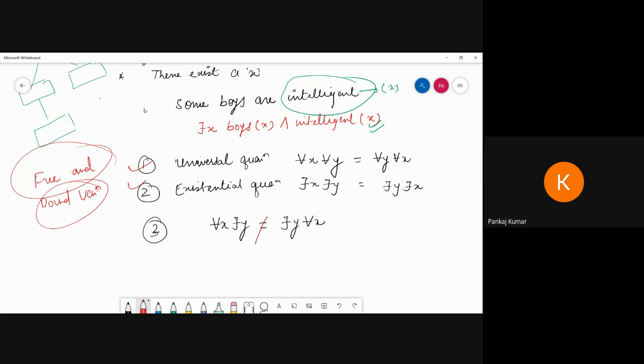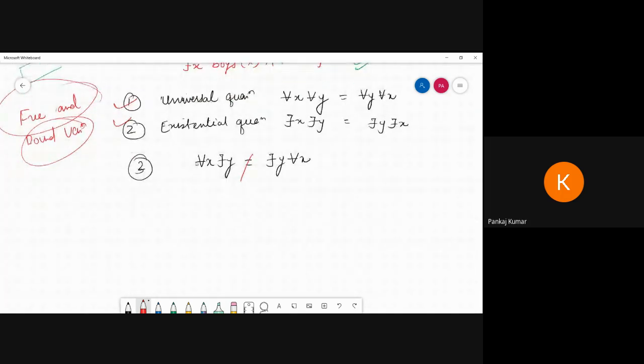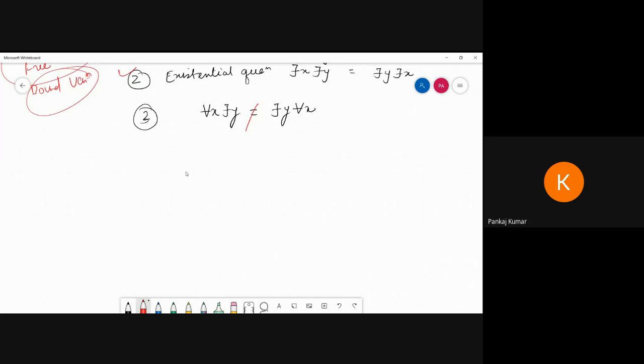So if a variable is used out of the scope of the quantifier, we call it a free variable.